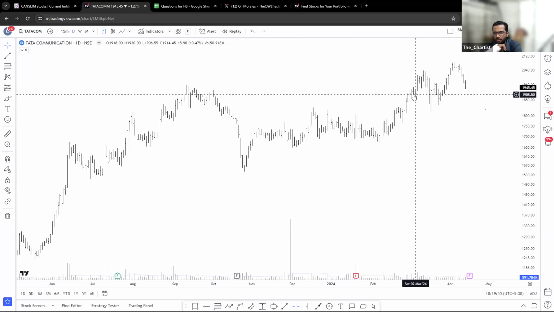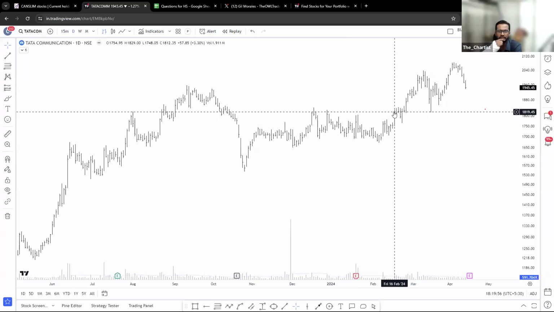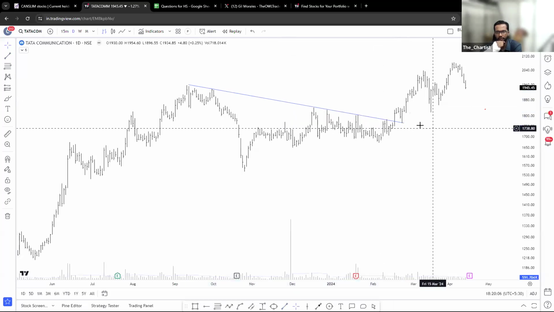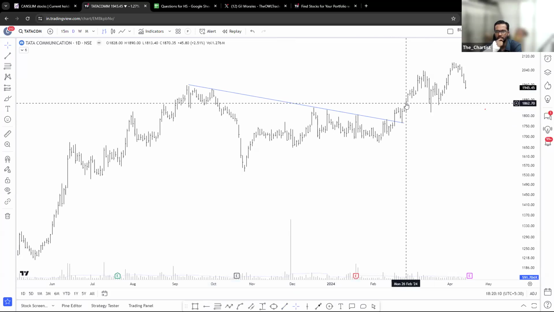This one I think you're talking about. Why do you want to ignore this? Entry was here, see the first entry. You remember I had Tata Communication here. You were asking why do you have Tata Communication on the screen? Because I was checking this breakout at that time. It's in the video here. First entry was here, second was here. I won't ignore, sir. Why will I ignore? This is a good setup, right?